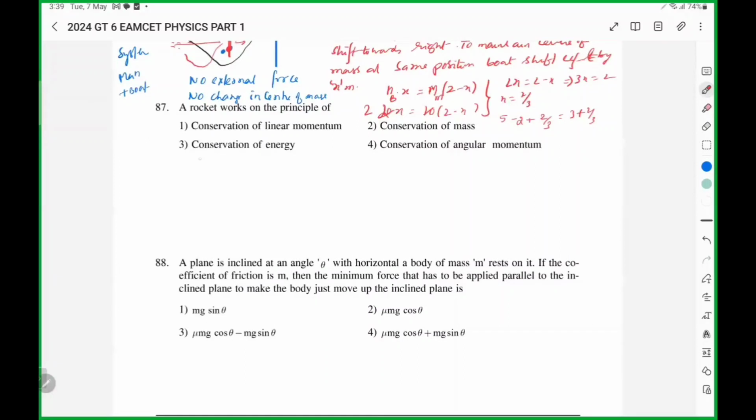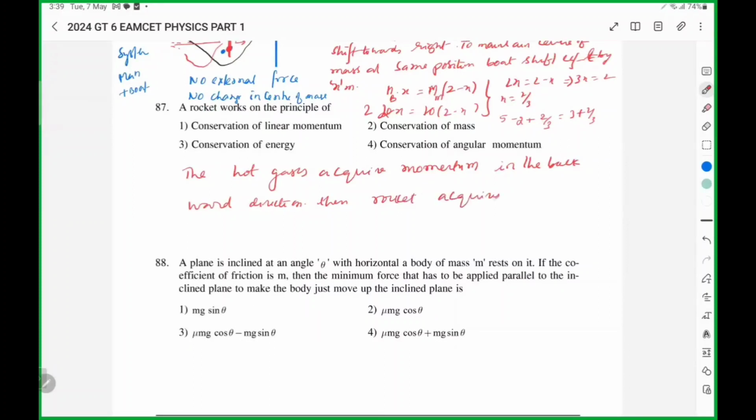As the rocket moves upward, the hot gases acquire momentum in the backward direction, then the rocket acquires an equal amount of momentum in the forward direction.